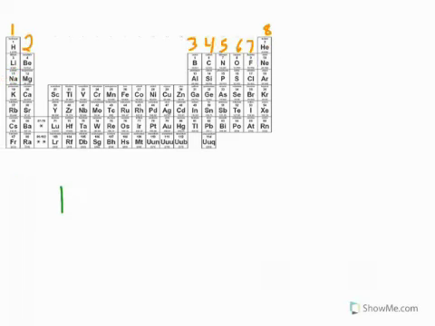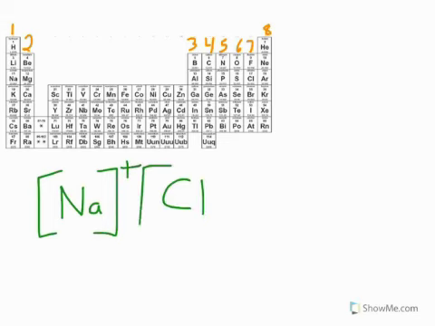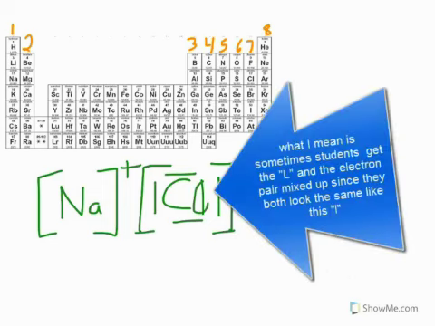Okay, so let me erase with that in mind. The Lewis dot structure for sodium chloride becomes either this, and it's positive, so all ions get a bracket around them, and chloride, the sodium, and the chloride. Now we have to show the electrons here. There's my electrons on chloride. Notice that L here looks like the L out here. Be careful with that.